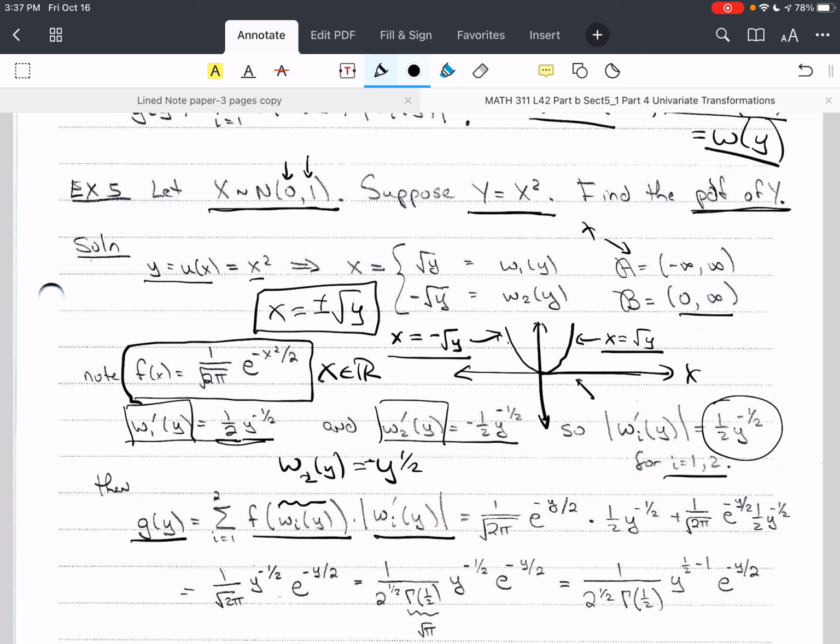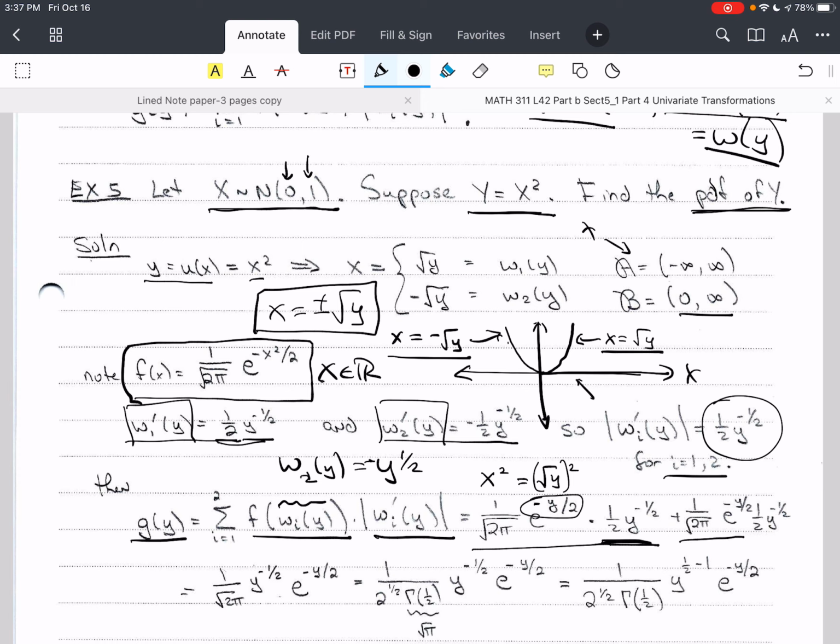So for the first section, we have 1 over square root of 2 pi e to the negative y over 2. Remember, x squared is going to be the square root of y squared, which is y. So we have negative y over 2 as our exponent, times w1 prime of y, which is 1/2 y to the negative 1/2, in absolute value.